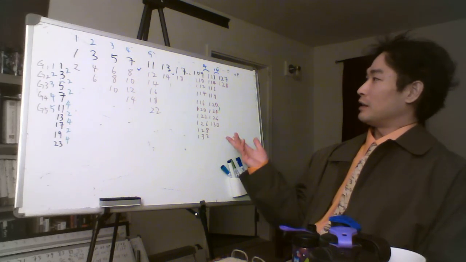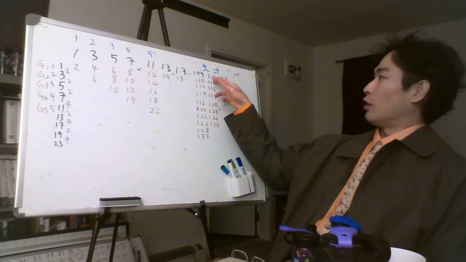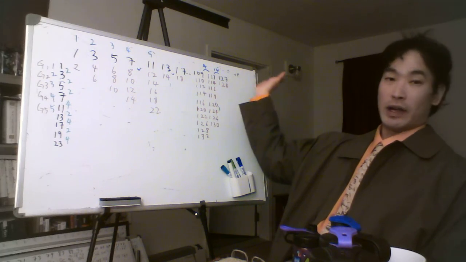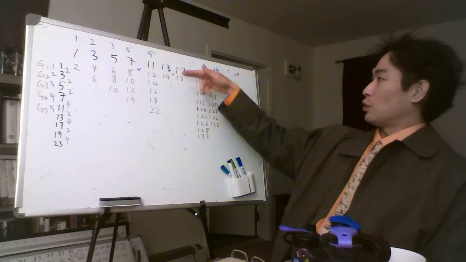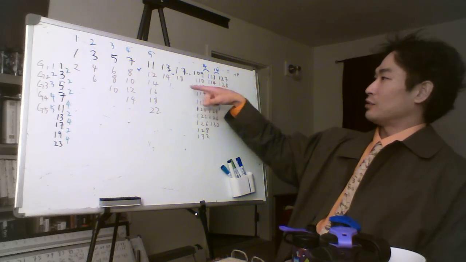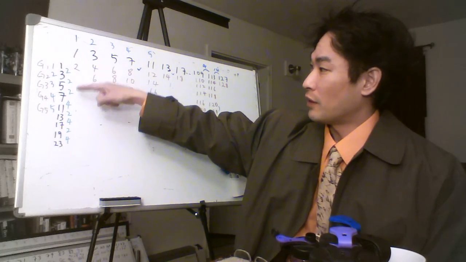So what do I mean by leading and lagging is this. 109, 113, 127, those are prime numbers, far, far away, fairly big prime numbers. So horizontally it's leading, but vertically it's lagging because we are just starting from the first primes, like 1, 3, 5, 7, 11.